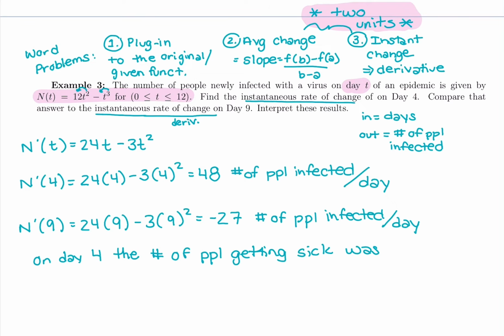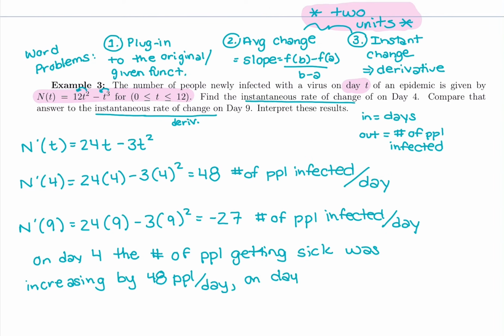So if we have a positive slope, was the number of people getting sick increasing or decreasing? If it's positive 48, it was increasing by 48 people per day. So it was going up on day 4. The amount of people getting sick was increasing by 48 people per day.